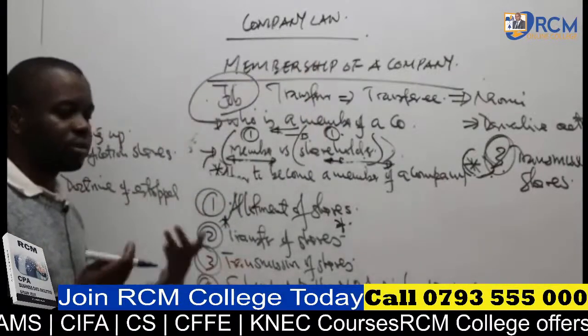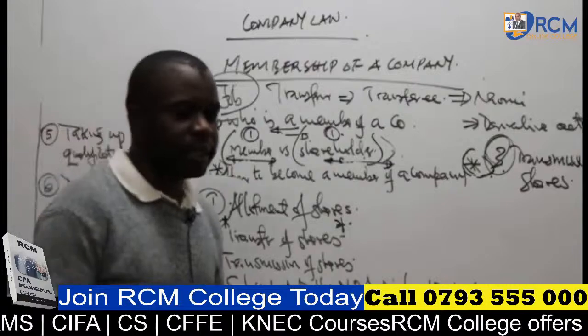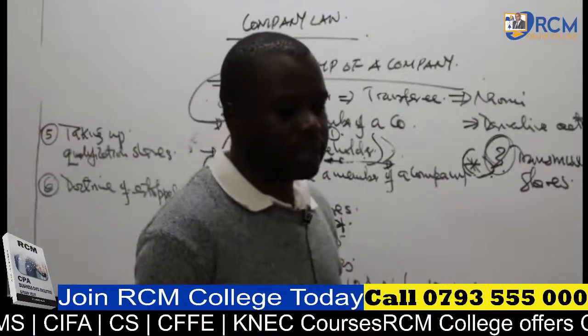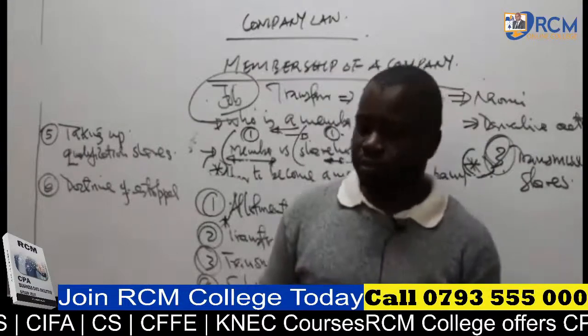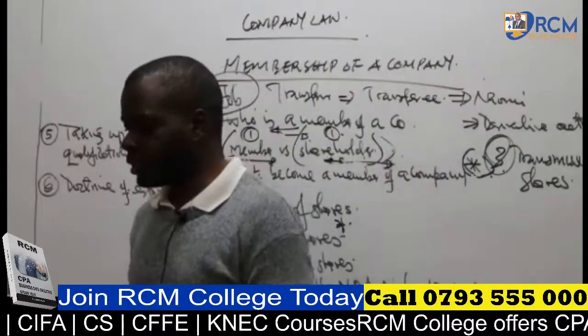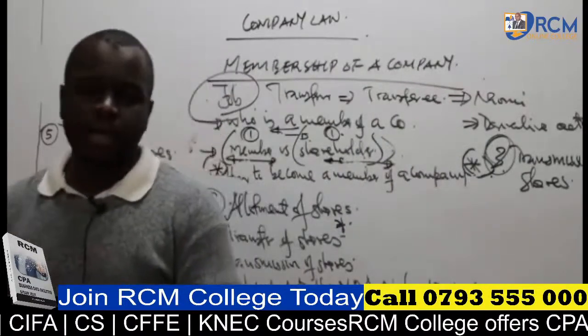Transmission of shares, I've already explained. In case of death, bankruptcy, or insanity of a member, the shares will be transferred or transmitted to the beneficiary, receiver, or trustee in such a case.